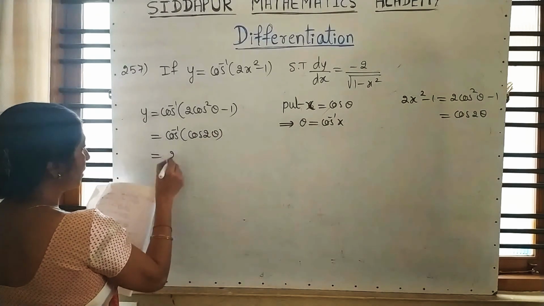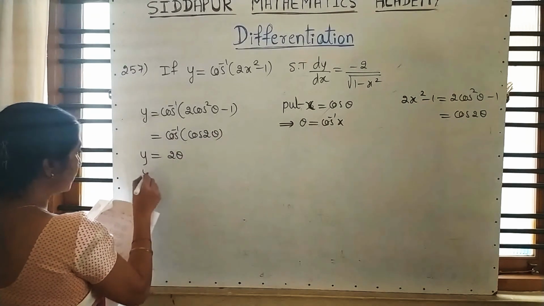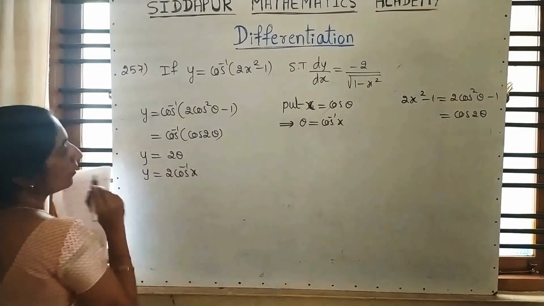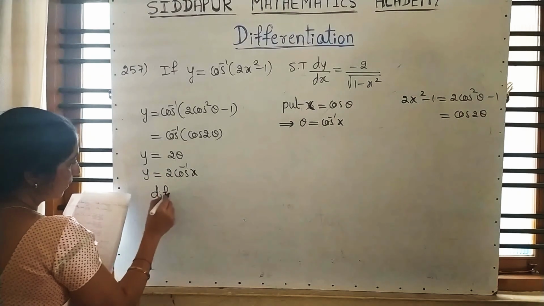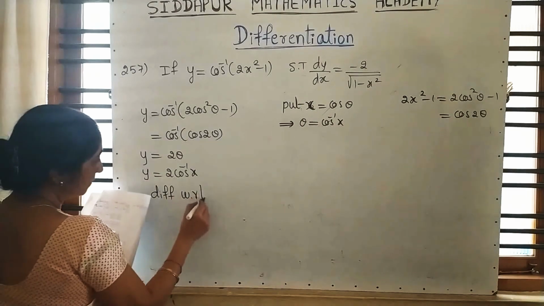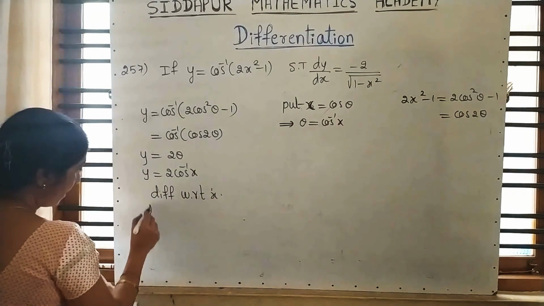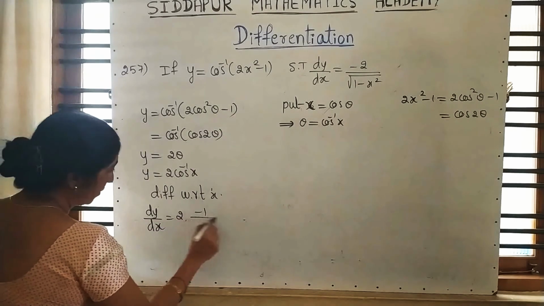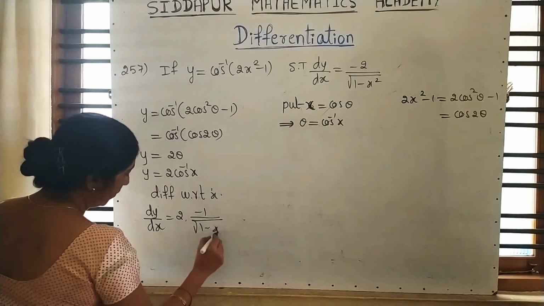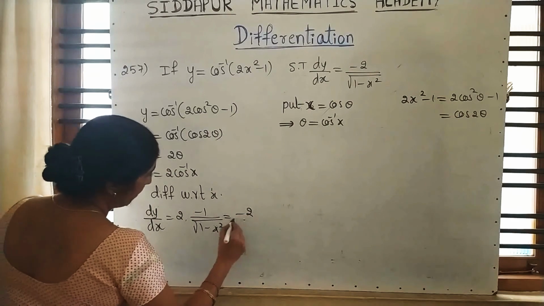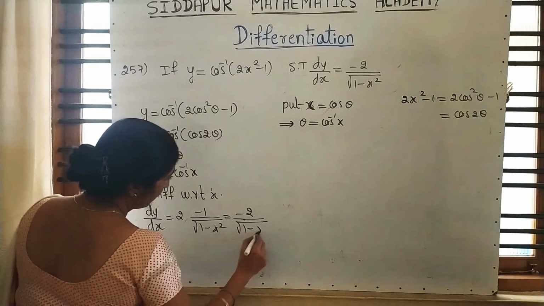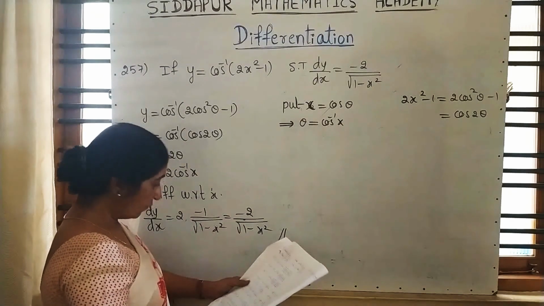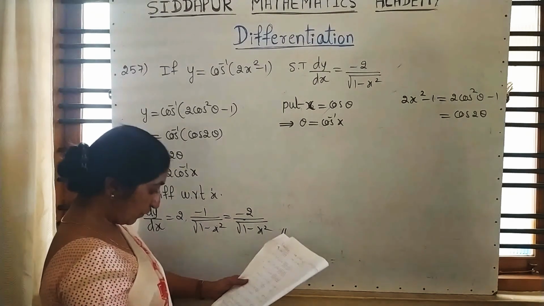Cos inverse and cos get cancelled. And we get 2 theta value, differentiate this. dy upon dx is 2 into minus 1 upon root of 1 minus x square. And we got the result like this. Understood? Moving to the next question, question number 258.